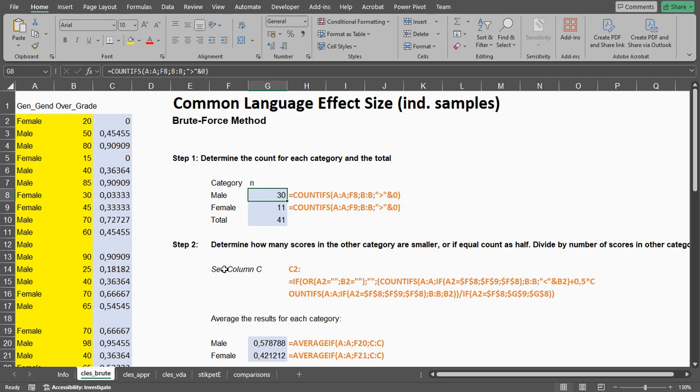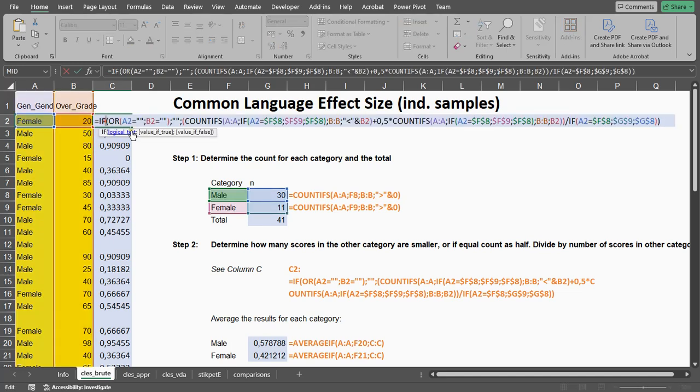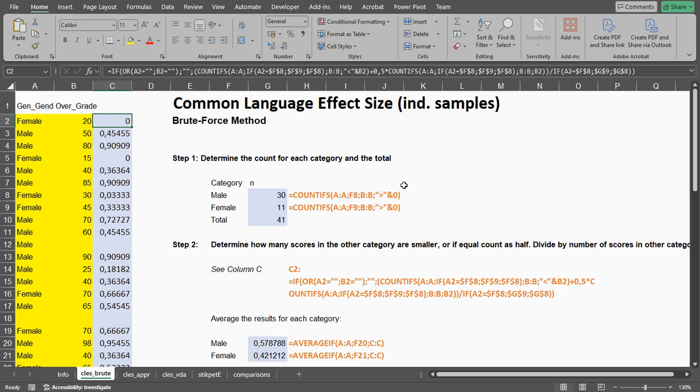Then we determine for each score how many scores in the other category are smaller. And if they're equal, we count half. That's why, if you look at this long formula, there's a plus half times the count of the ones that are equal.